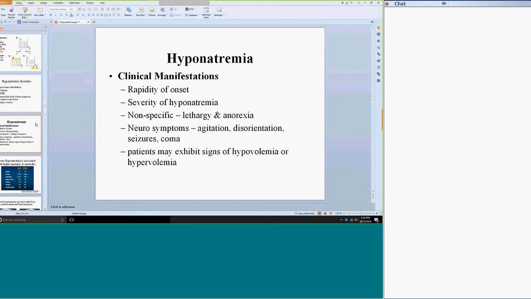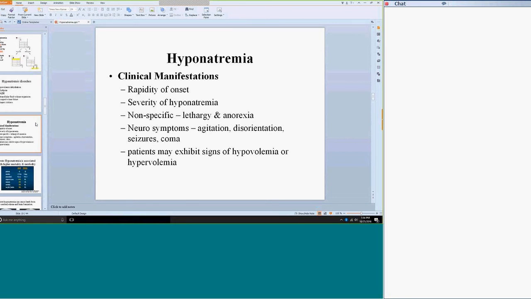The way people present with hyponatremia depends upon how rapid the onset is. If there is a drop from 145 to 120 in a day or two, the symptoms may be different from someone who has had this drop in sodium over 2 years.